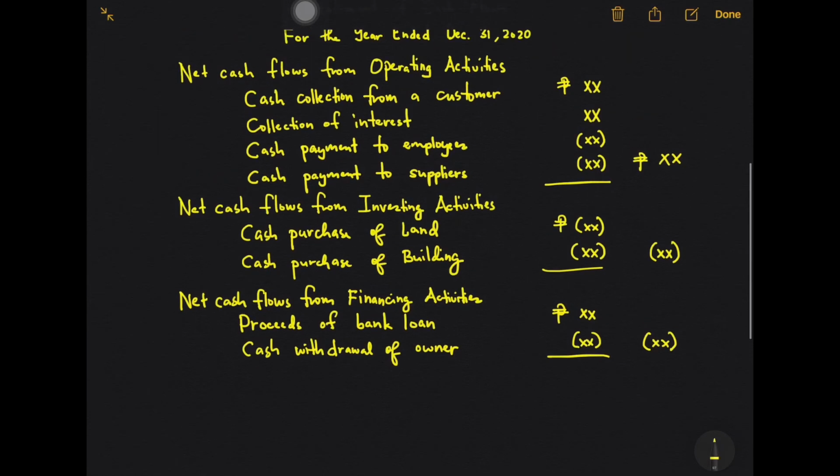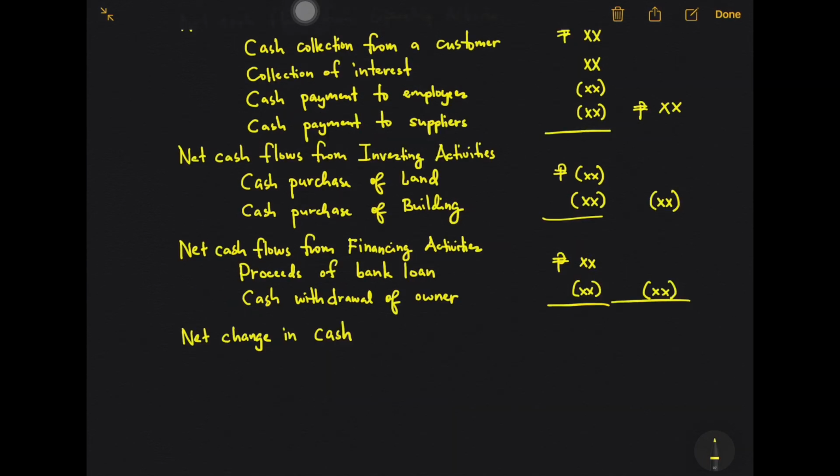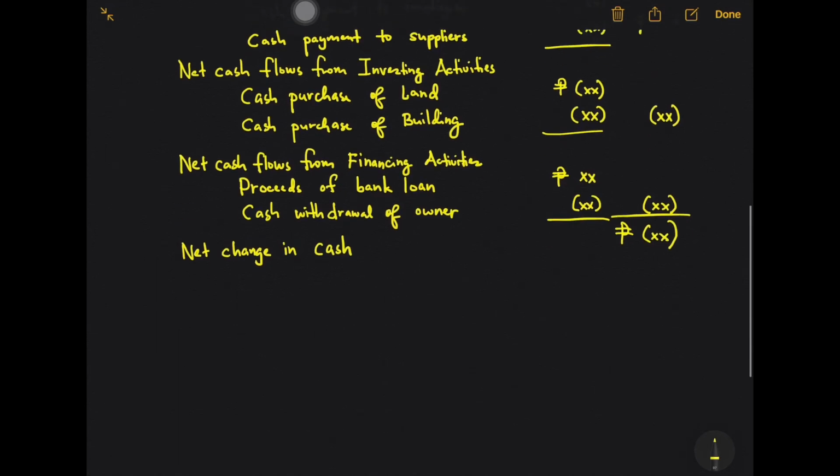And after you're done, you will add all the net cash flows. Net cash flows from operating, investing, and financing. And that will be your net change in cash. So let's say your negative values are higher. In that case, the total would be negative. And this will present the changes that I've been talking about in the general formula. After this one, you will add the cash beginning. In this case, your cash beginning should be higher than your net change in cash.